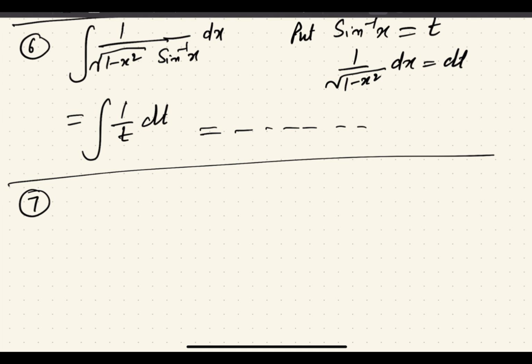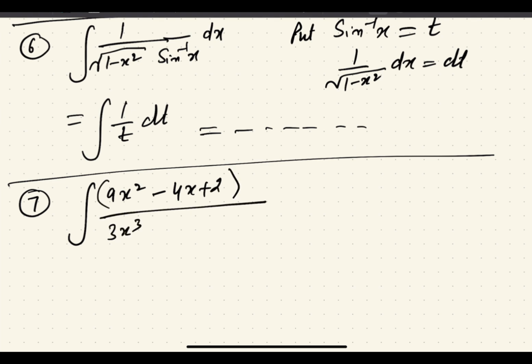Now seventh question, you have 9 x square minus 4x plus 2 over 3 x cube minus 2x square plus 2x plus 3. Okay, if you notice here degree is less than this.